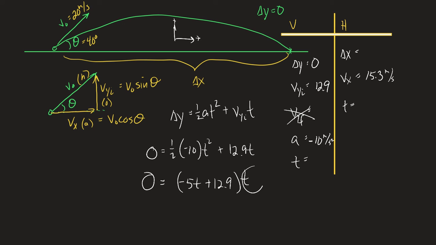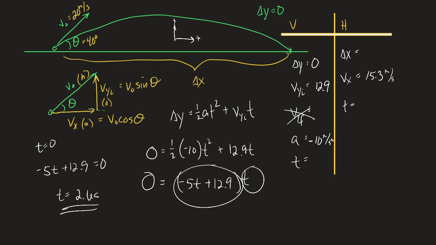And I can set this t equal to 0 and all of this equal to 0. Which gives me that my time is about 2.6 seconds. That means this is 2.6 seconds. All right? Look, that's the bell.